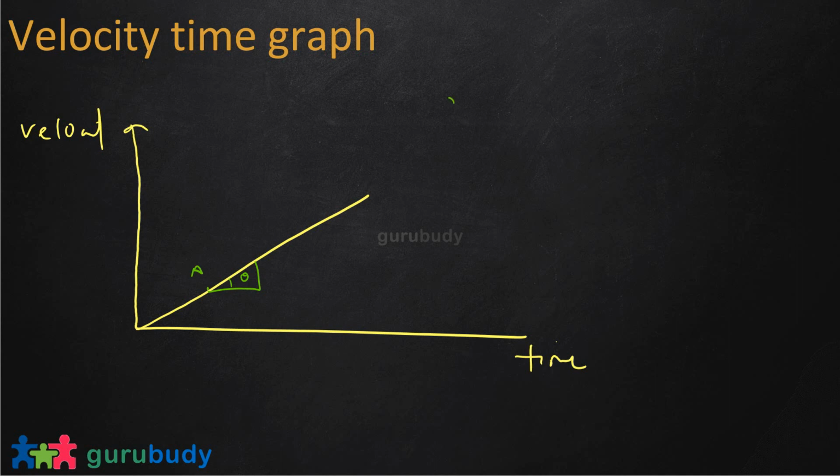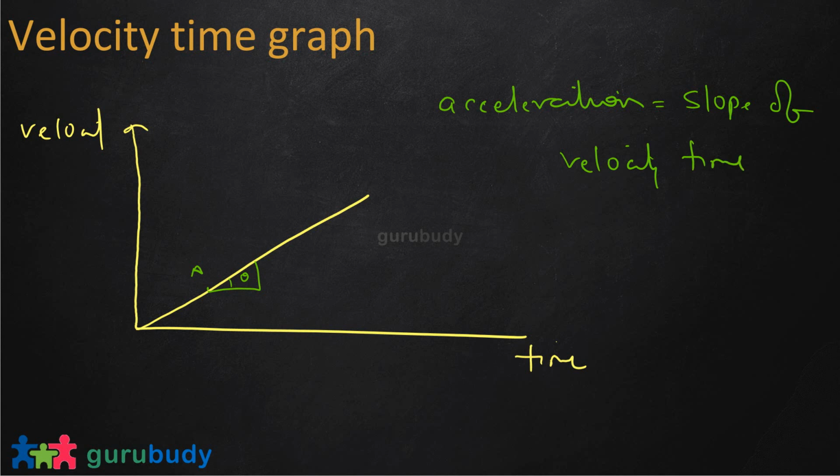So acceleration is basically the slope of the velocity time graph. So if you are presented a graph of velocity and time, and the question asks you to calculate the acceleration, just look at the slope of that graph, and then you can easily calculate the acceleration of that motion.